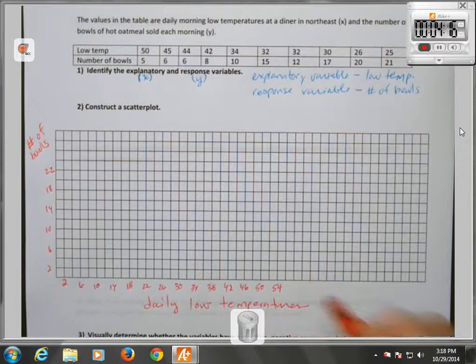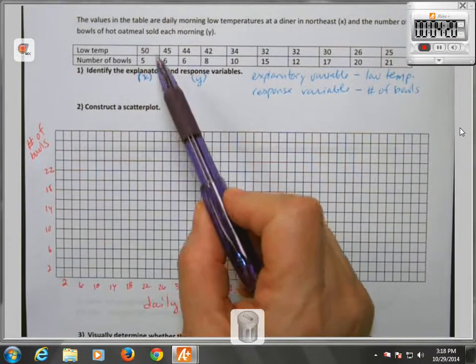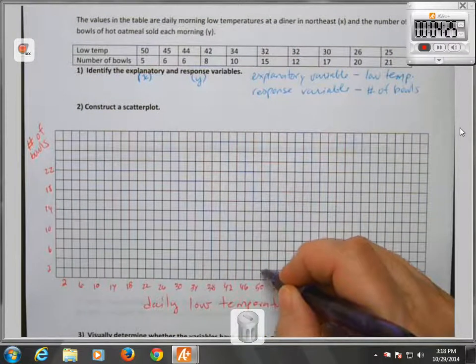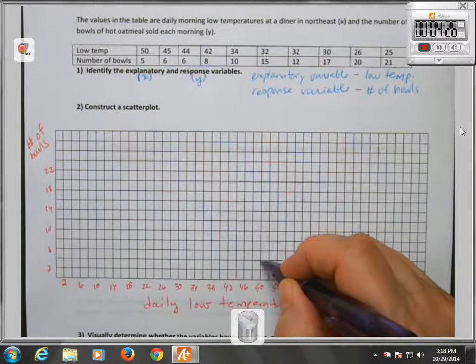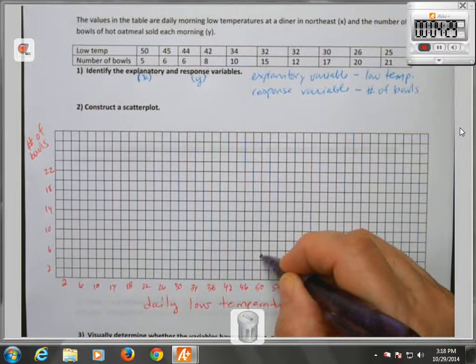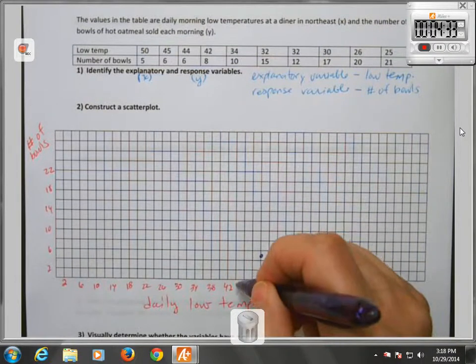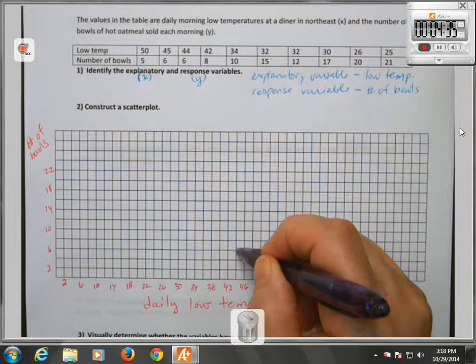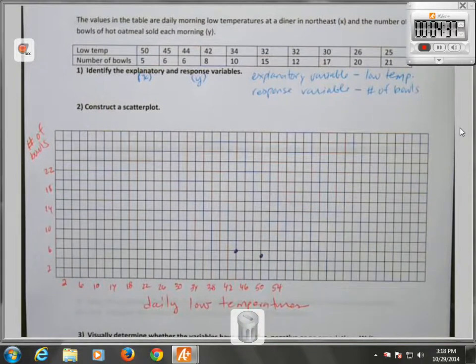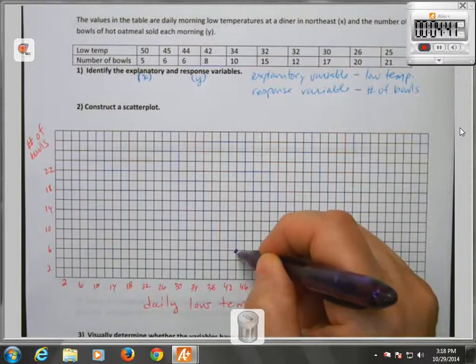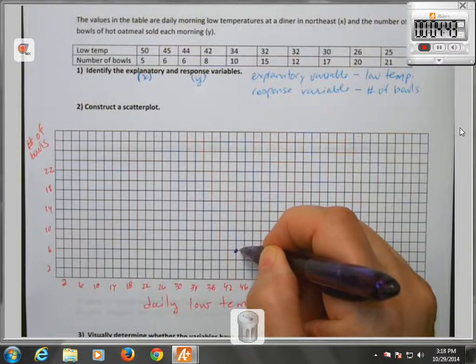Now it's just a matter of turning these into points. We have the point (50, 5), so I'm going to go out 50 and up 5 and make a point. Out 45 and up 6. That one was (44, 6), so (45, 6) will be here.